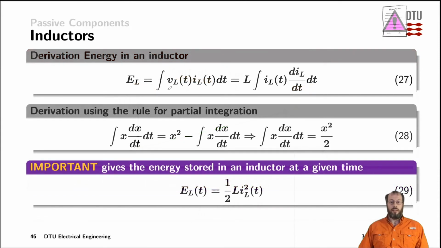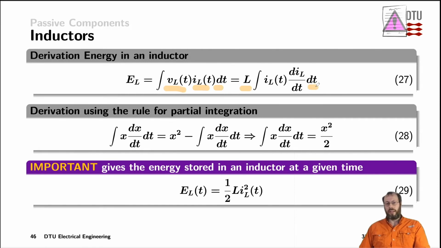Now, looking at the instantaneous energy of an inductor: it equals the integral of the instantaneous voltage across that inductor times the current flowing through that inductor over time. We can rewrite that equation by applying Ohm's law, as we've just used it on the previous slides, taking the inductance itself outside the integral, assuming that the inductance will not change with time.